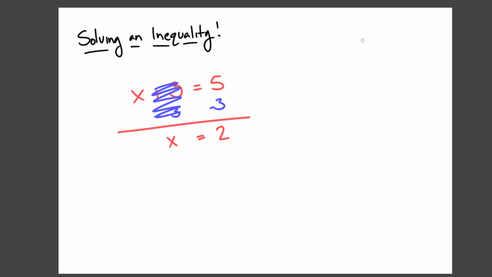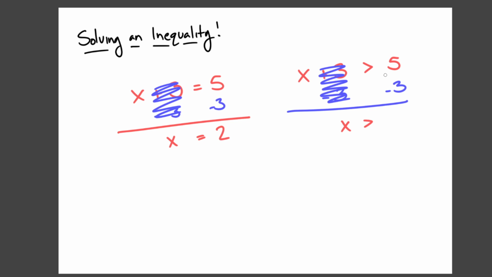Now let's look at what the inequality would look like. Same type of thing: x plus 3 is greater than 5. To get rid of this 3, I'm going to subtract 3 from both sides. These cancel out, leaving me with x is greater than 5 minus 3, which is still 2.